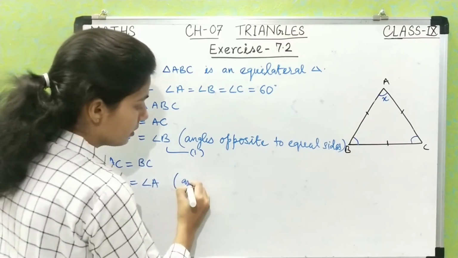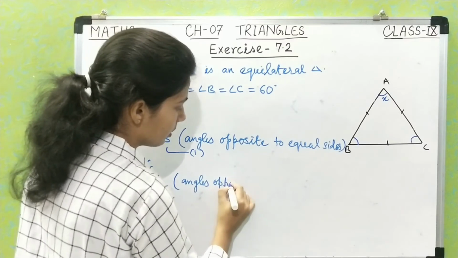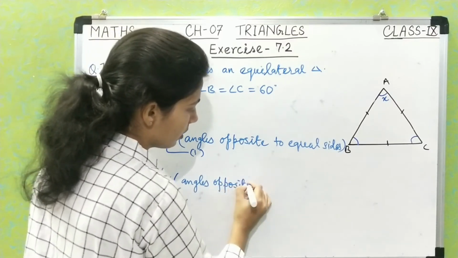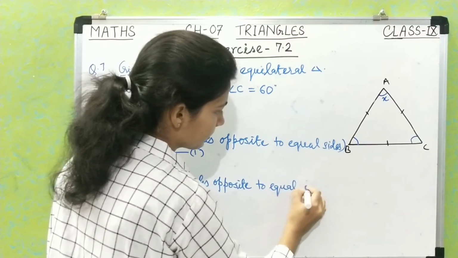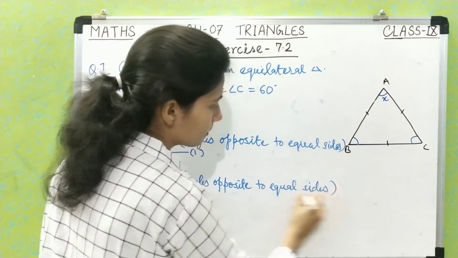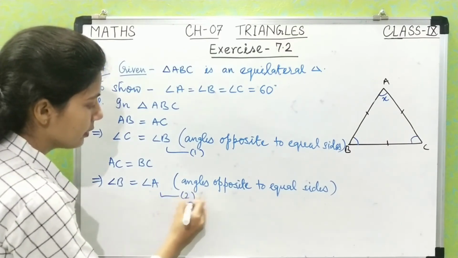So angles, these are the angles opposite to equal sides. Okay, so name this equation as equation number 2.